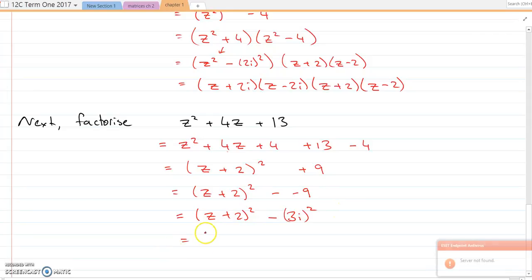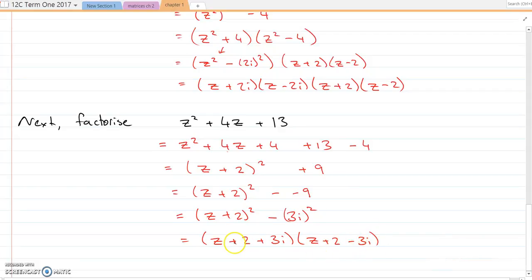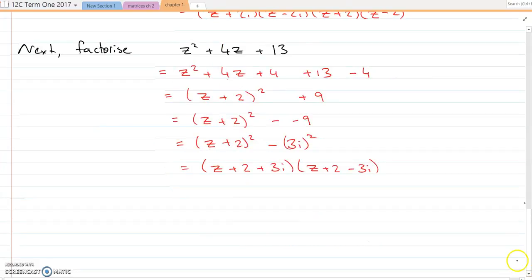So we get the basic difference of squares rule, z plus 2 plus 3i, z plus 2 minus 3i. Just make sure you don't change this plus to a minus. It's only the one before the 3i. Okay, that's done with z squared, so we've only got 2 factors.